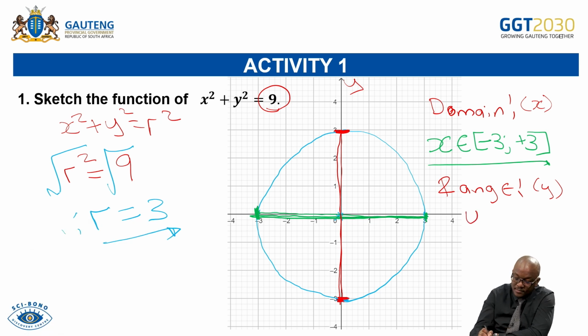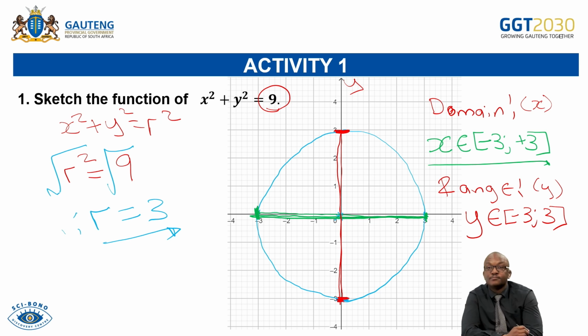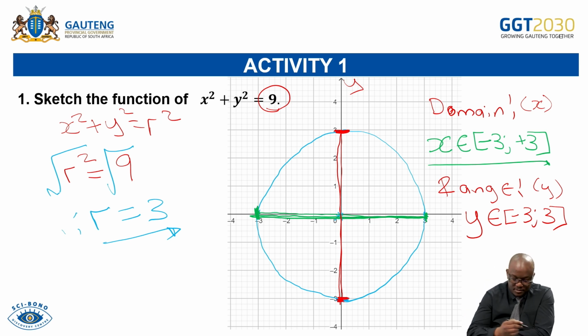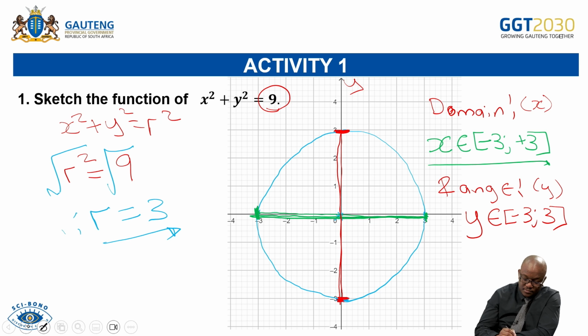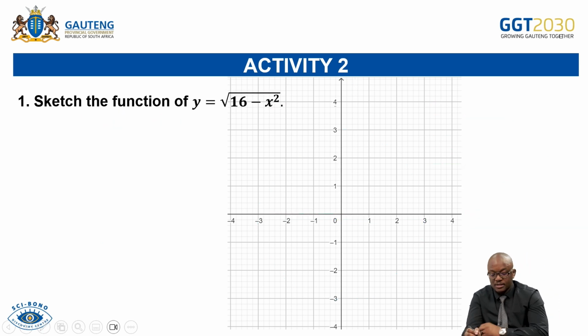Y is an element of [-3, 3]. So that's basically how you get your domain and range on this function. Correct? So we go and look into the next one.